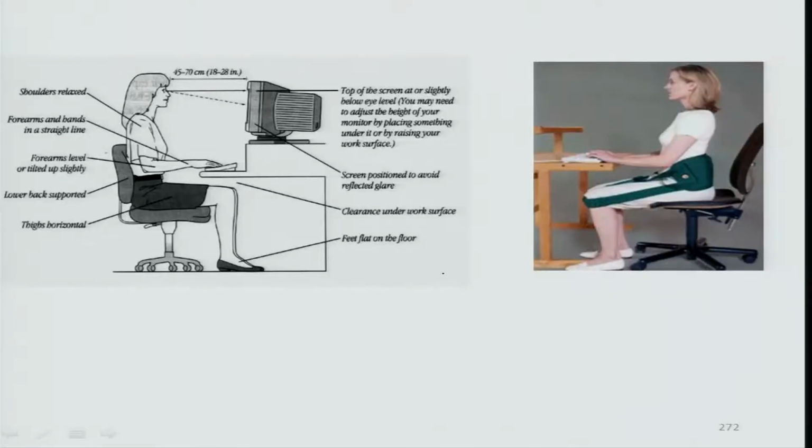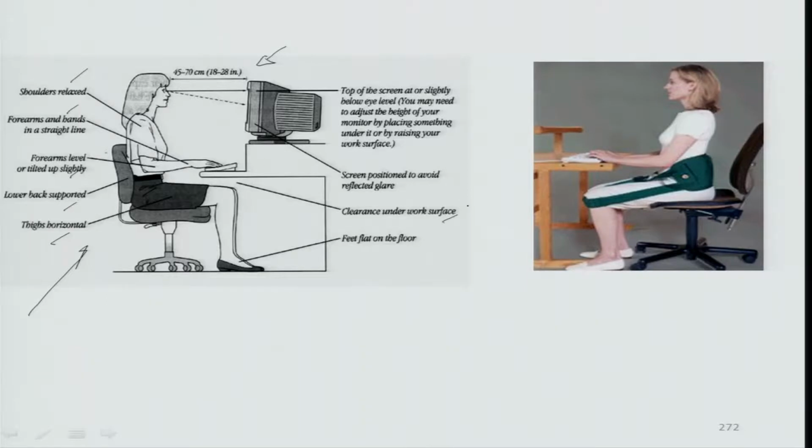This is a small schematic which represents an ideal situation of how a person would be sitting in a relaxed manner: shoulders relaxed, for example, forearms and hands in a straight line, lower back supported, forearms level or tilted up slightly, and thighs horizontal.